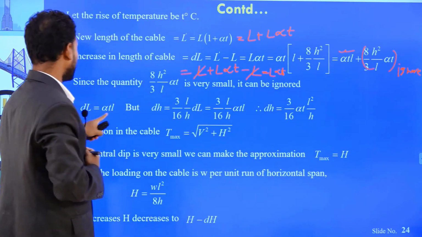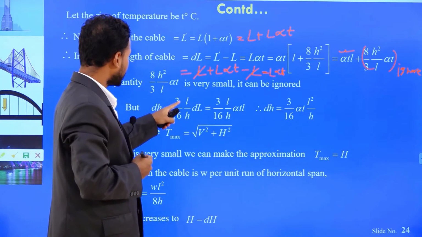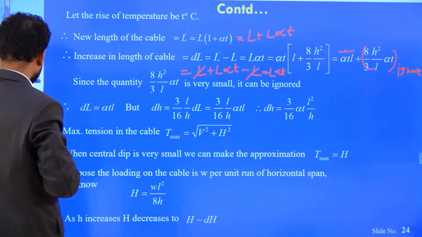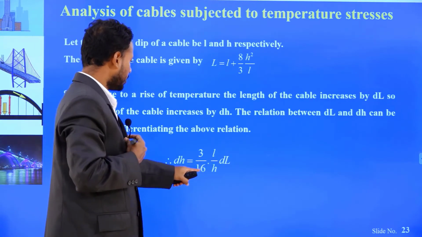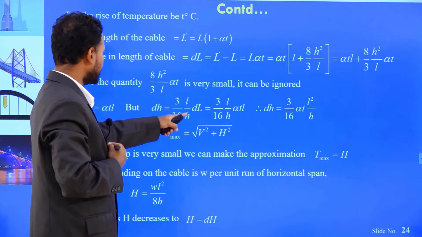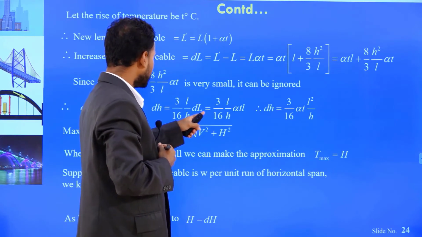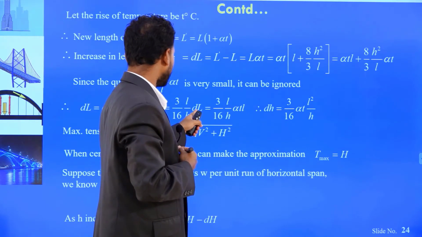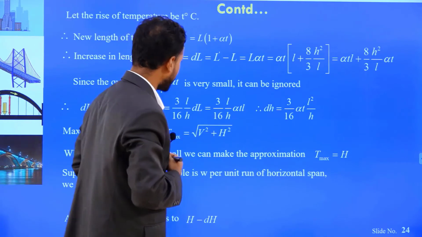So I write del L equals small l alpha T, but dH equals 3 by 16 l by H dL. In the previous slide we derived that dH equals 3l dL by 16 H. So here I have written dH equals 3l dL by 16 H. Here dL means l alpha T. So I write dL equals l alpha T, and 3l by 16 H came here, right?